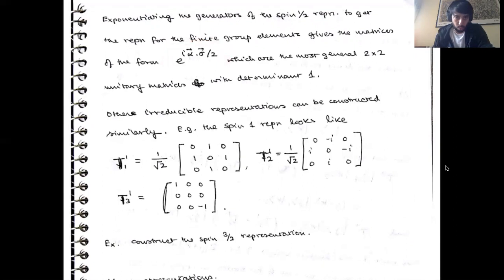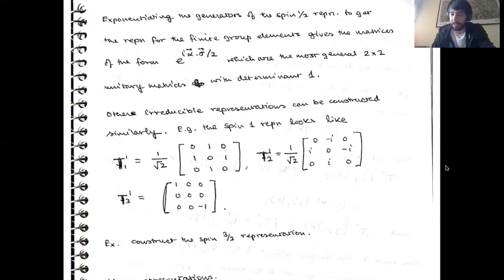This, as you know, again, is something that should be familiar to you, is the most general 2 cross 2 unitary matrix with determinant 1. Again, if this is not familiar to you, I suggest that you try to clarify this. There's a way to show that this is the most general 2 cross 2 unitary matrix with determinant 1 that you can actually do.